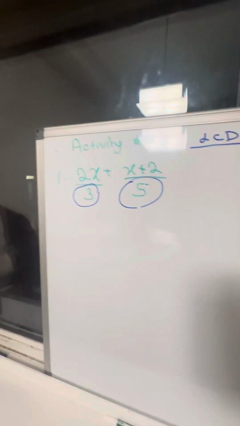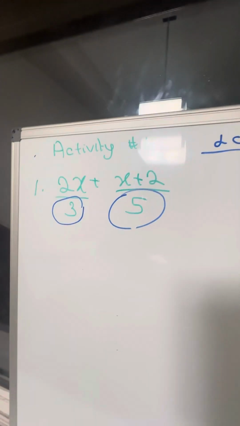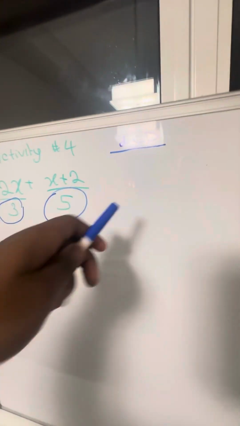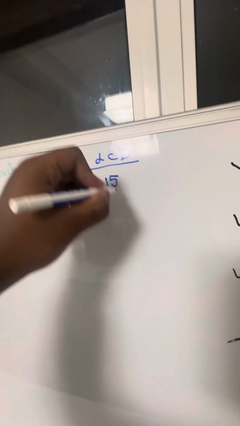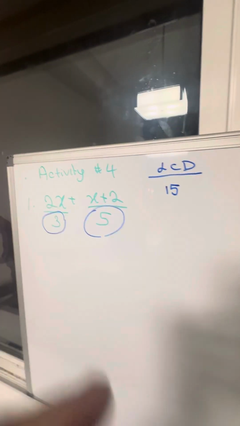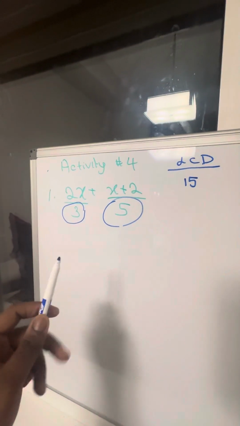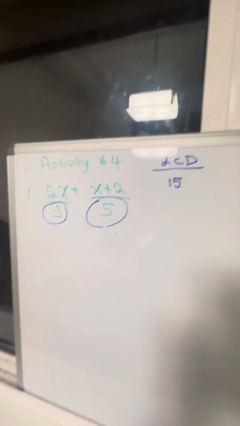Before I do the calculator way, normally what people do is they just multiply the denominators together and they get 15, which works. You can do that. The LCD is 15, or you can use your calculator. But for the calculator to work, it only has to be numbers.